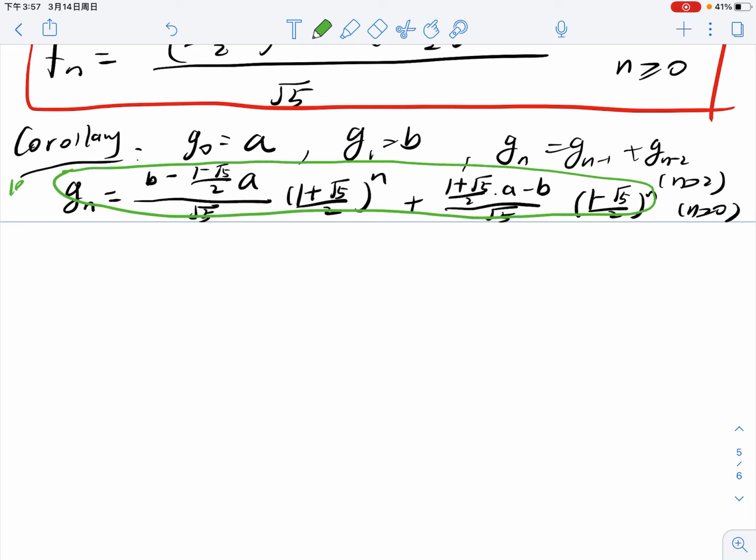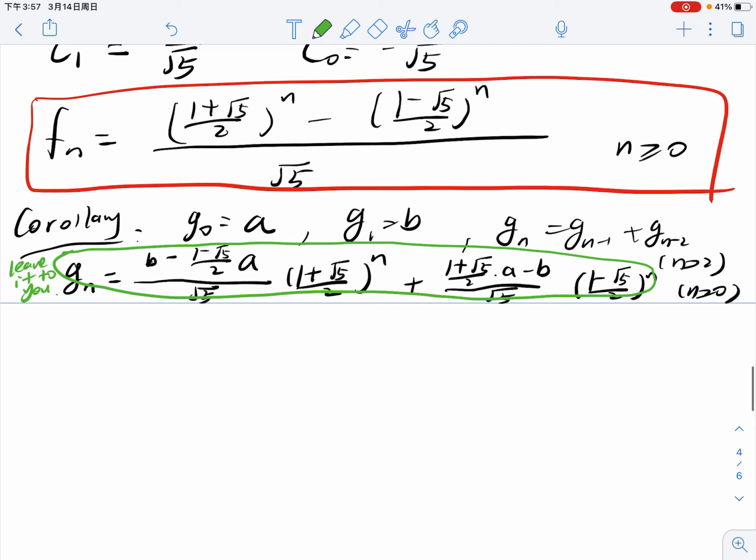So I leave it to you to verify it. It's a good exercise to repeat the previous procedure for solving the Fibonacci sequence. Okay, and you will see that the formula has the advantage that it's a closed formula. You don't need to know the previous data, but it also gives you some drawbacks.